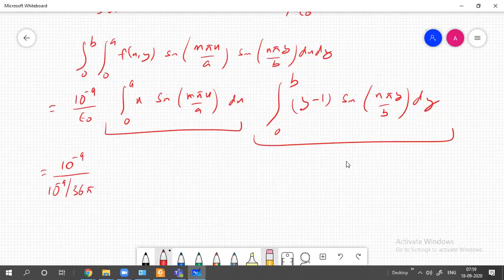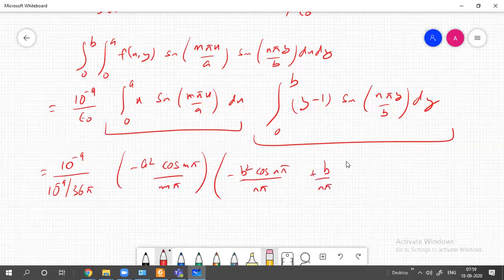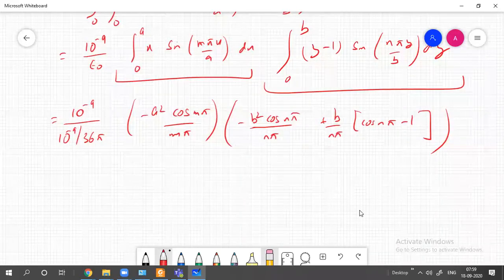If you solve it, you will get minus a square cos of m pi over m pi, and for the other expression we will get minus b square cos of n pi over n pi plus b over n pi times (cos n pi minus 1). This integral can be easily solved, nothing great here.